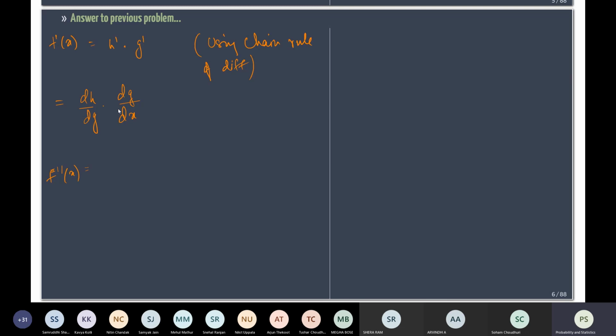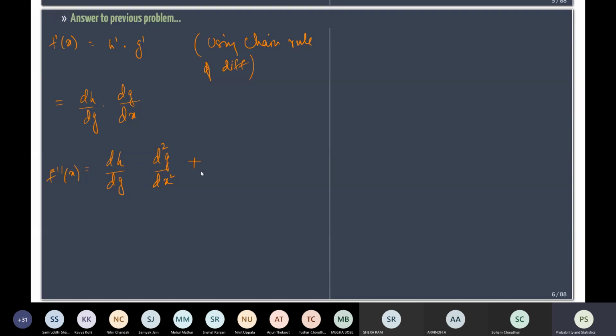So let us first do the product rule: first function into differentiation of the second, plus second function into differentiation of the first. The first function into differentiation of the second will make it squared.